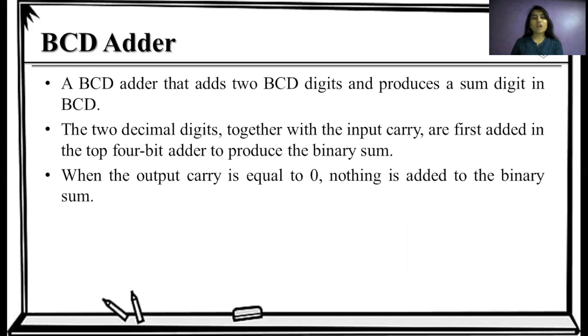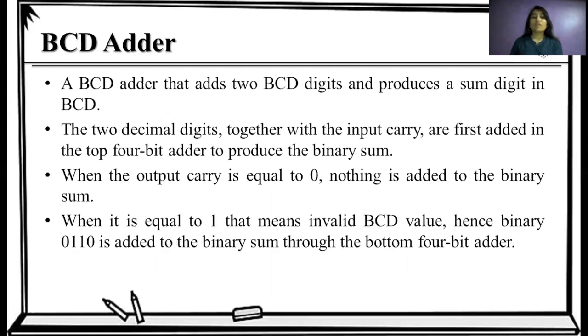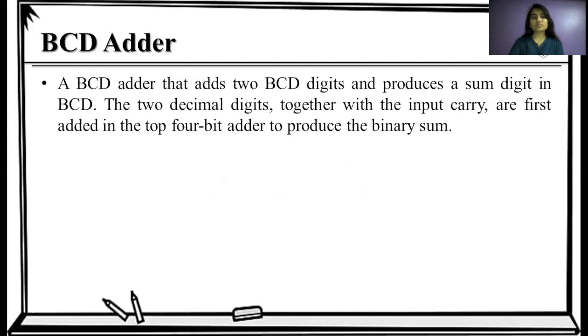When the output carry is equal to 0, nothing is added to the binary sum. When it is equal to 1, that means an invalid BCD value, hence binary 0110, that means 6, is added to the binary sum through the bottom 4-bit adder. So this is how we can perform BCD addition.